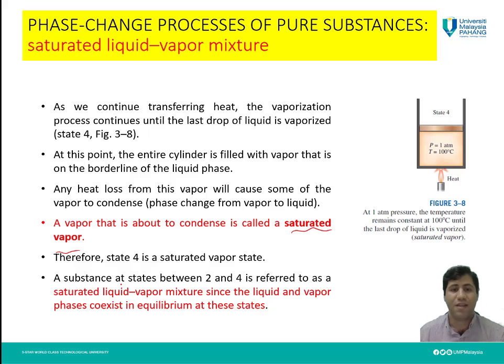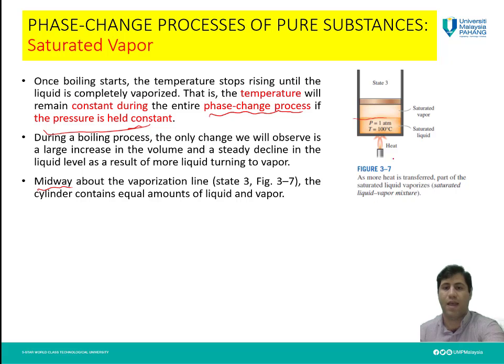A substance at the state between these two, this is saturated vapor, a vapor about to condense, and also saturated liquid, a liquid about to vaporize. Between these two, we have a saturated liquid vapor mixture, since the liquid and vapor phases coexist in equilibrium at this state, like what we have here.